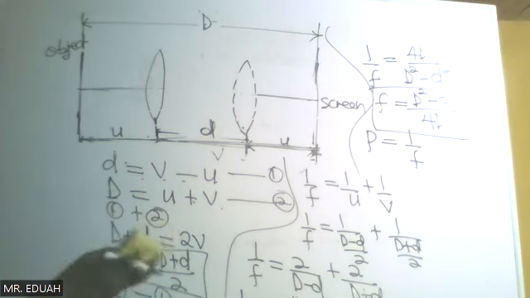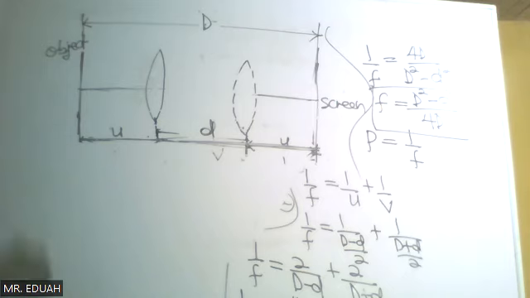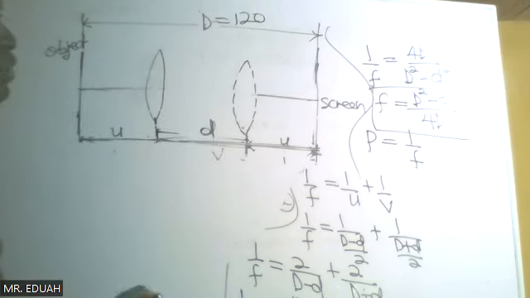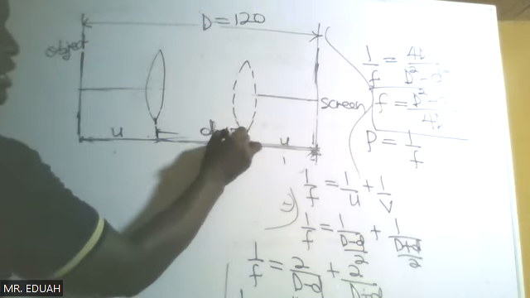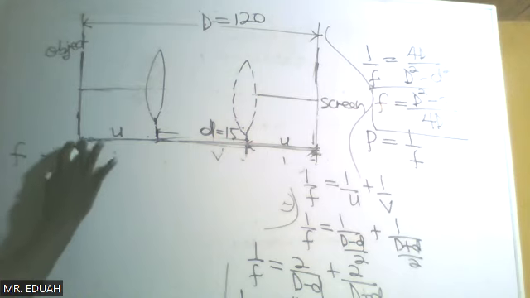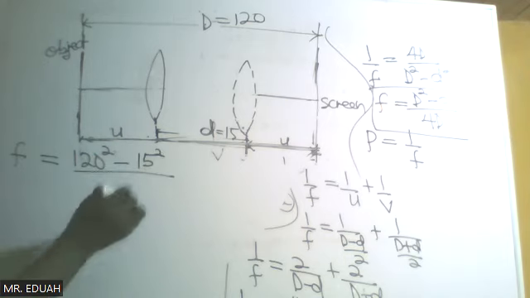Please, can I clean this side so we can write here? So the question gave us D, D is equal to 120. The question also gave us small d, this is 15. So the focal length F is equal to 120 squared minus 15 squared all over 4 times 120.